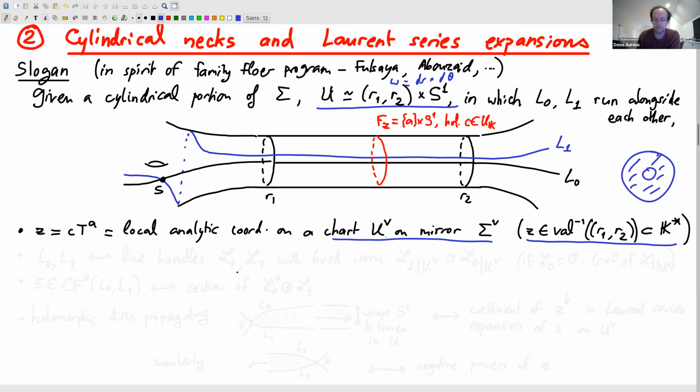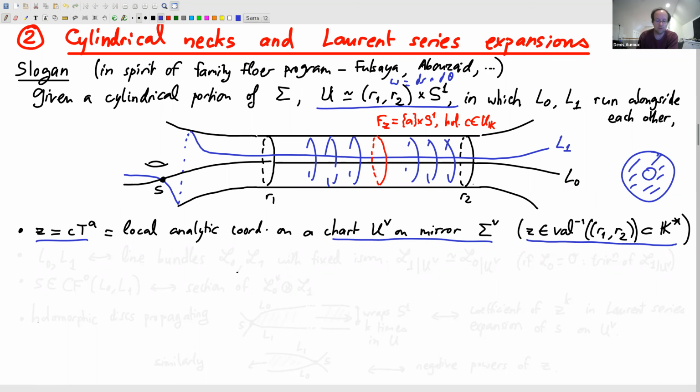And this local analytic coordinate, z, will correspond to looking at a family of circles, just like the points of a cylinder that we discussed before. We look at all the S1s in this cylindrical region with all possible unitary local systems of rank 1.